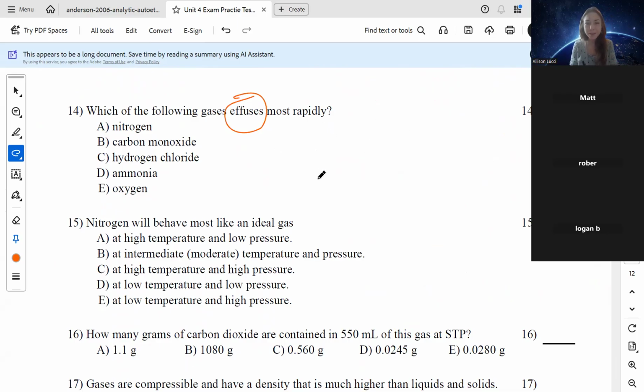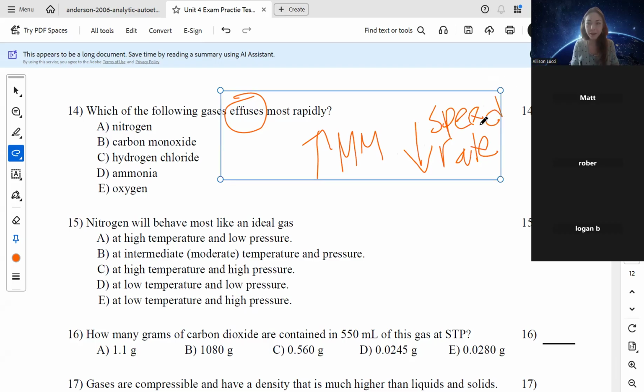What that means is the higher the molar mass of a gas, the slower the speed of movement. Not so much its rate, but the lower speed.